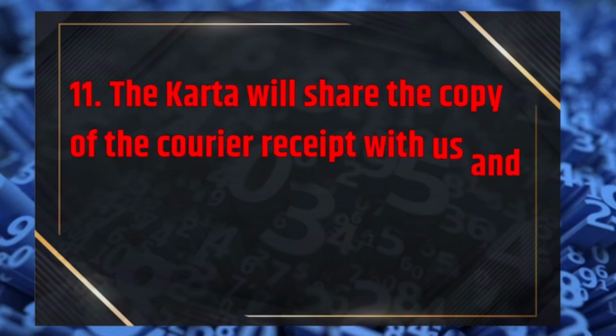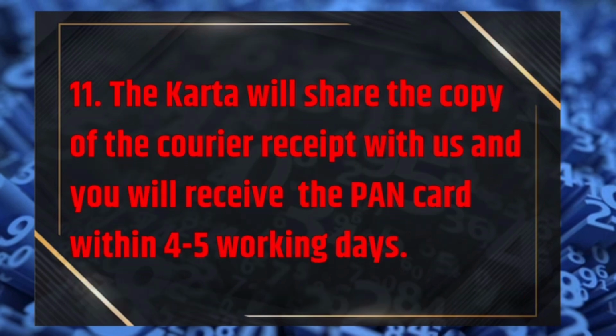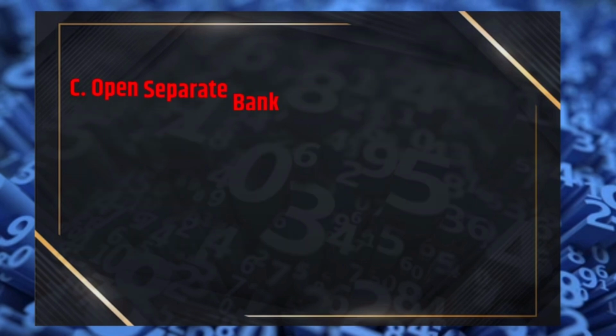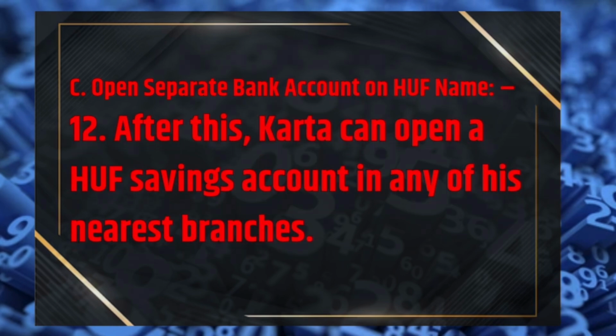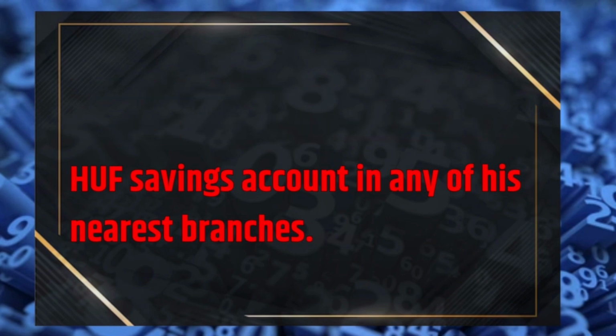The Karta will share the copy of the courier receipt with us and you will receive the PAN card within 4 to 5 working days. C. Open separate bank account in HUF name. 12. After this, Karta can open a HUF savings account in any of his nearest branches.